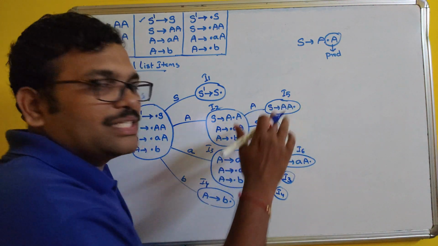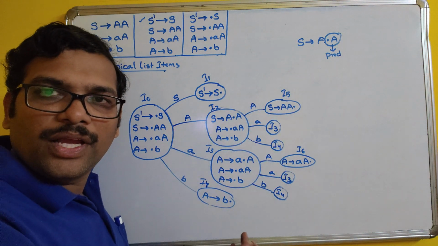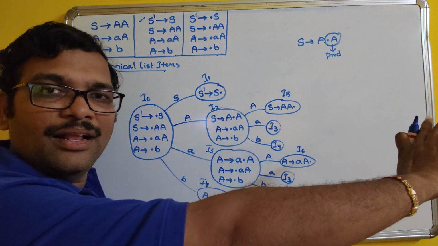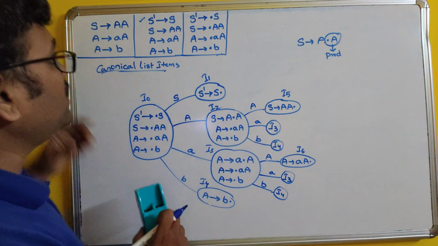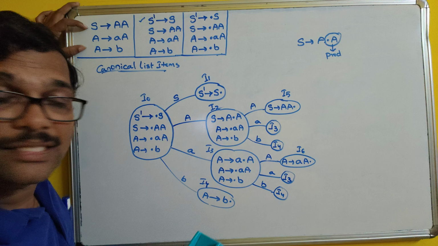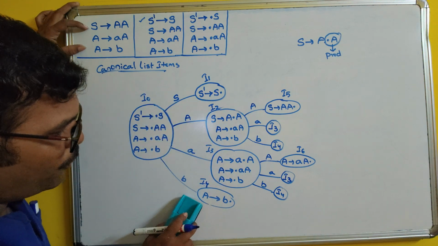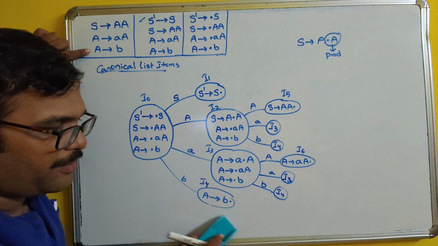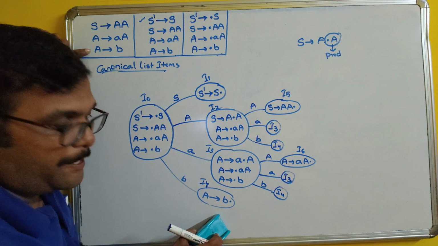If this I5 is further generated, that should be again expanded. So this should happen until there is no expansion of any of the productions, and all these productions should be parsed. You can see in I4 the third one has been expanded and parsed completely.